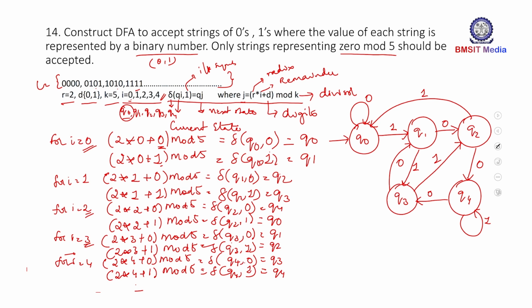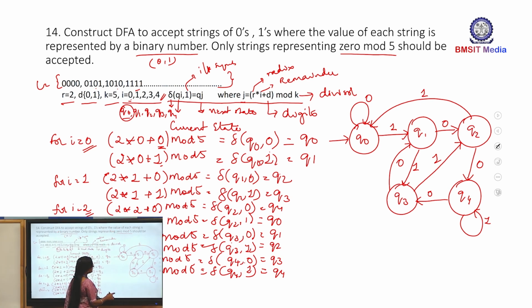So this is the next problem that we have solved. Similarly, we can also solve for the other cases, but one thing to remember is which would be the final state, because the DFA should accept all the strings that are multiples of 5, or divisible by 5. In that case, Q0 itself will become the final state. Why so?